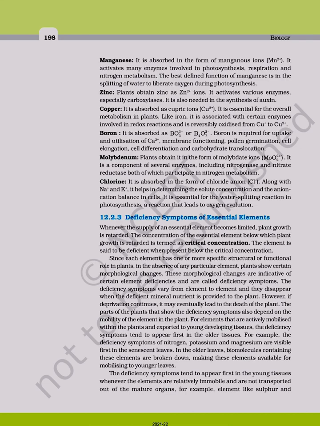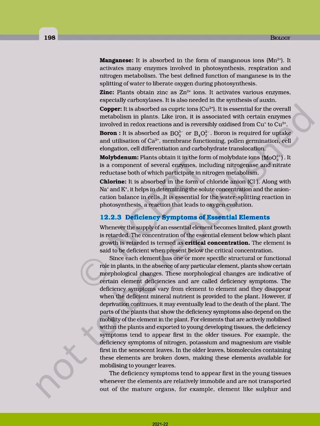It is absorbed as BO3³⁻ or B4O7²⁻. Boron is required for uptake and utilization of Ca²⁺, membrane functioning, pollen germination, cell elongation, cell differentiation, and carbohydrate translocation.